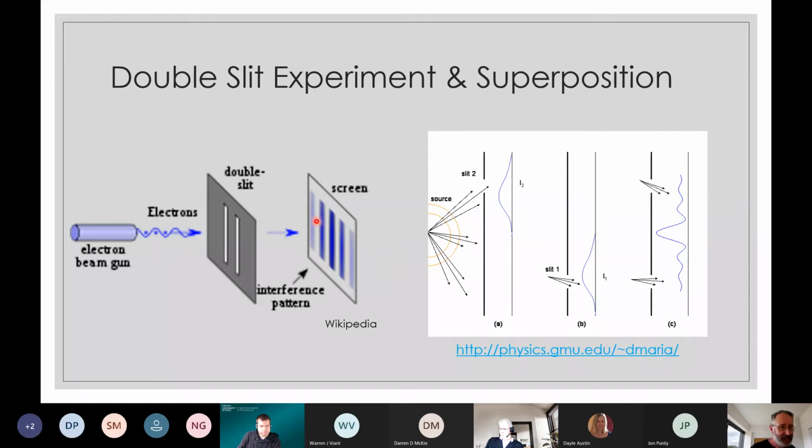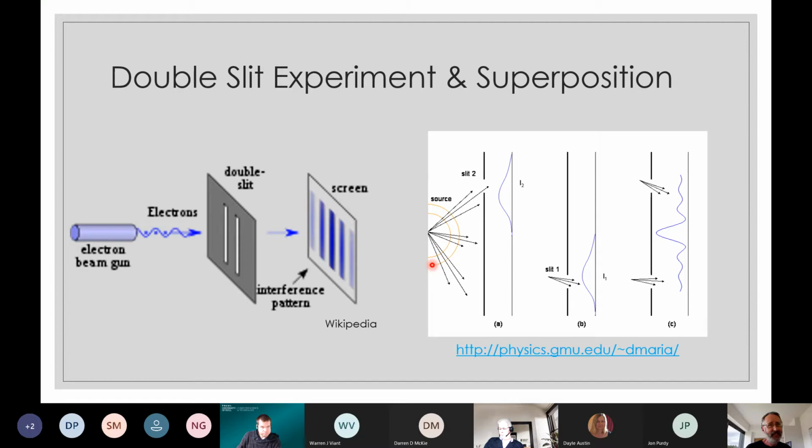Even more weird is if you actually look to see which of the two slits it went through, with some wonderful camera system that can look at it, as soon as you look, this pattern disappears. And you just get what you would see if you threw tennis balls. You'd get a line down here and a line down here.